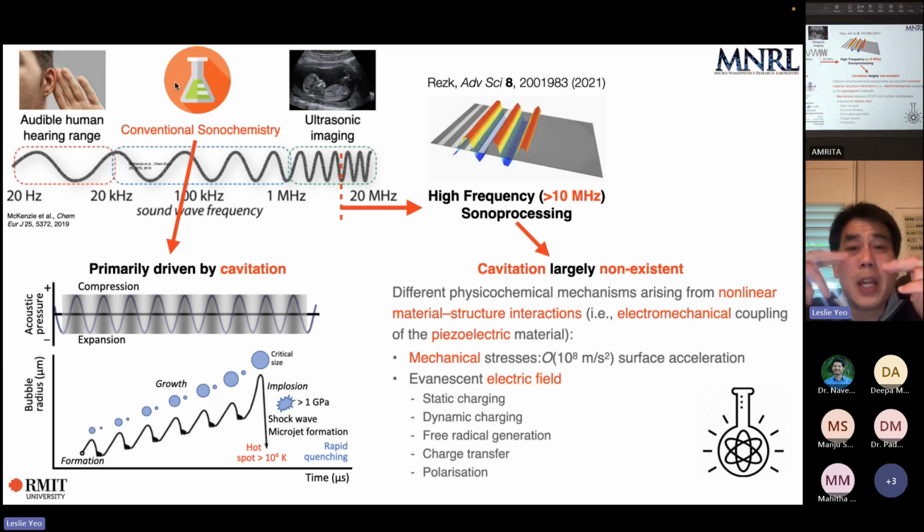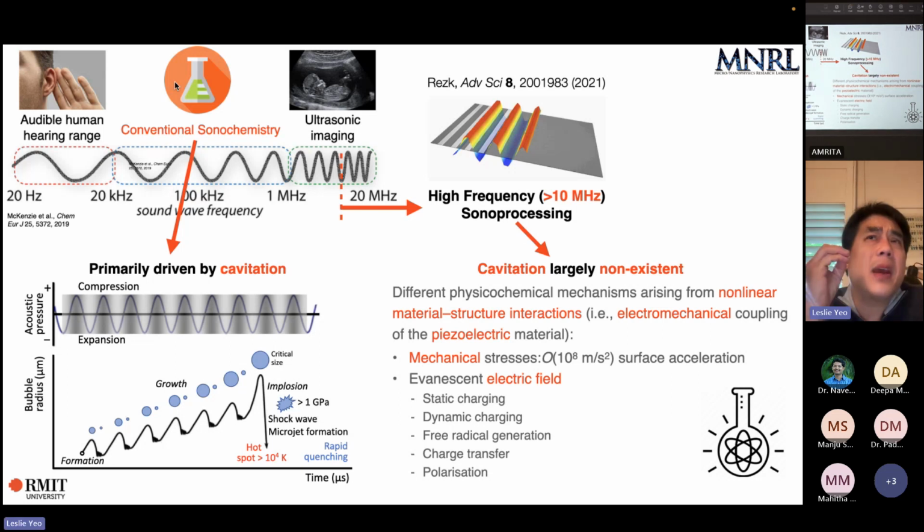So you've got an incredible amount of surface acceleration over 10 nanometers, right? So it's not hard to imagine that mechanical stresses can drive some of these effects, right?